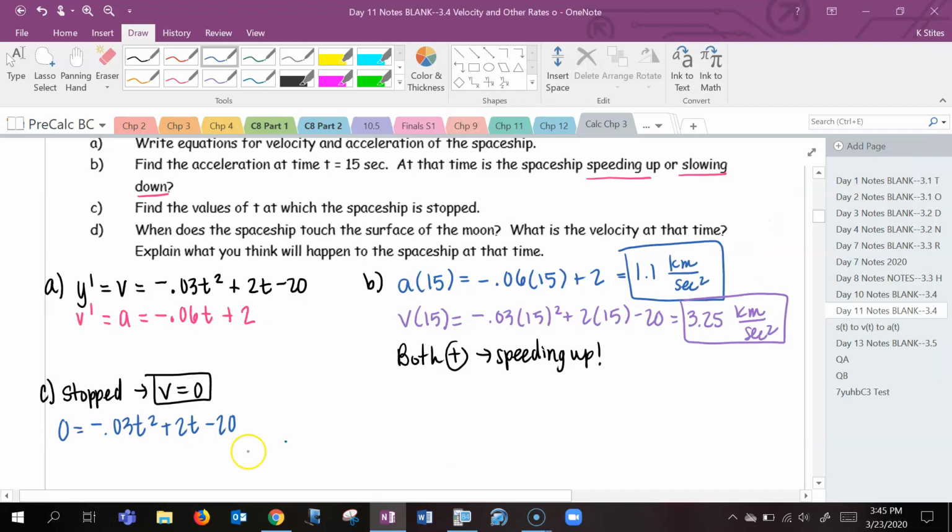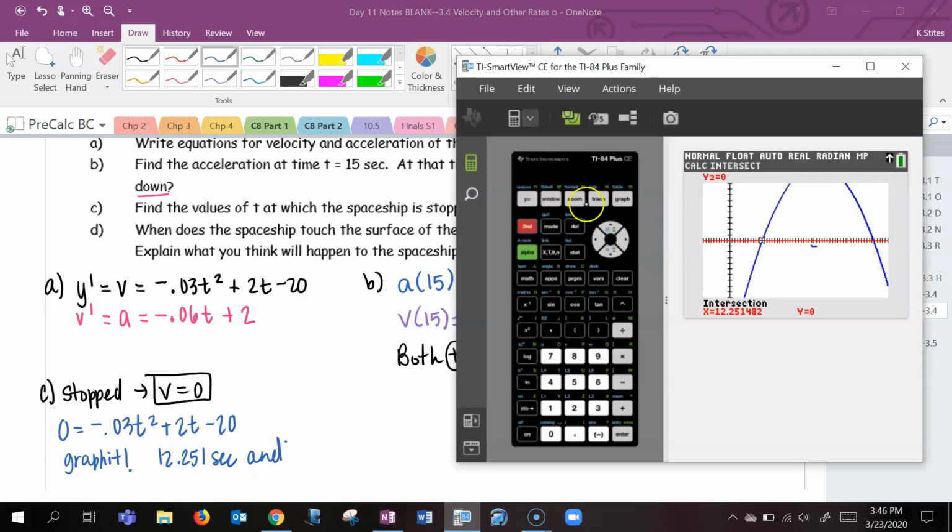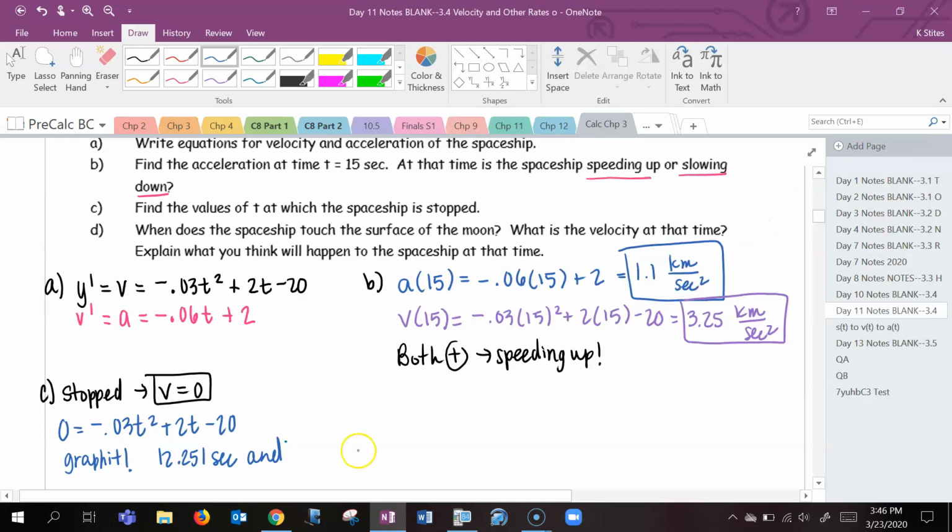12.251 seconds. Okay, I'm going to say graph it. 12.251 seconds. And 54.415 seconds.